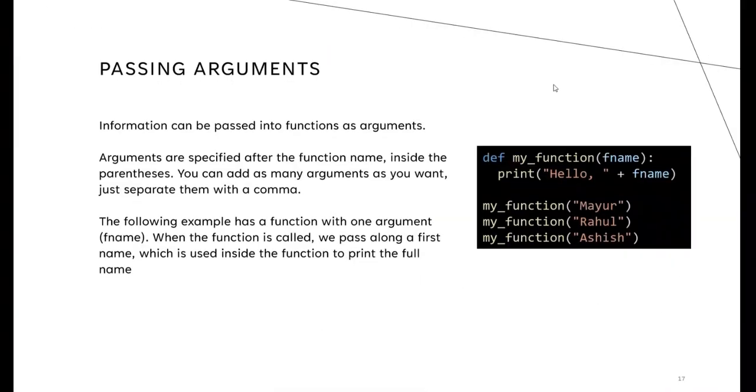Now let's move to passing arguments. In Python, we can pass multiple arguments in any function. So def my_function, and in the brackets we add a variable name, and get the value of it by print and its variable name, and pass that value by calling my_function with any data in it.